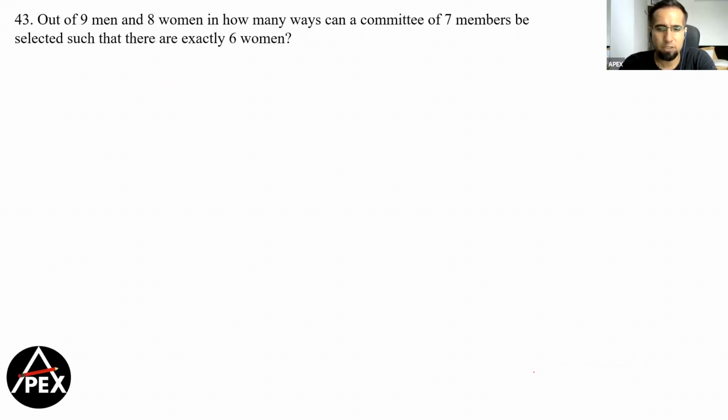Yeah, can we solve this, please? There's a small trap there, so be a little careful.